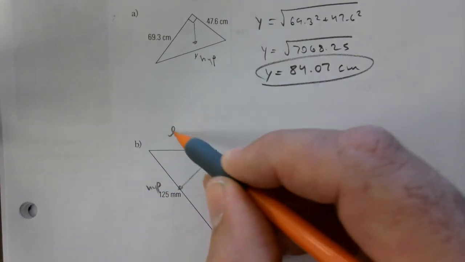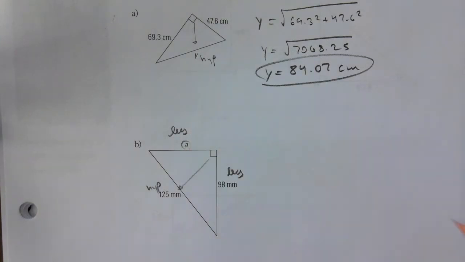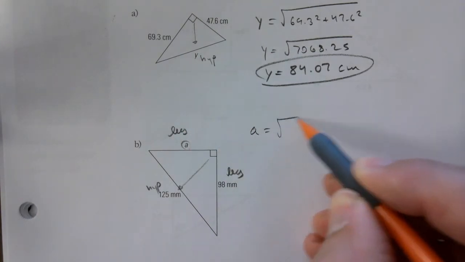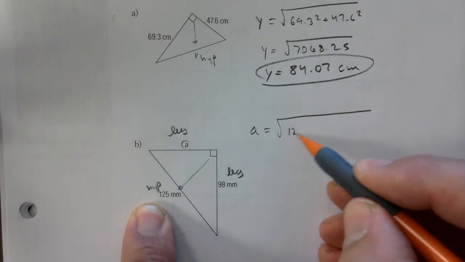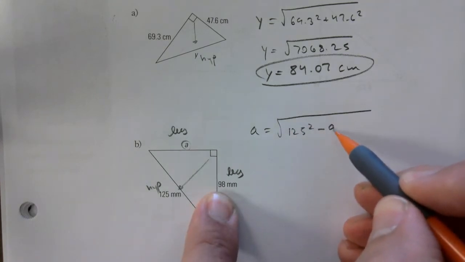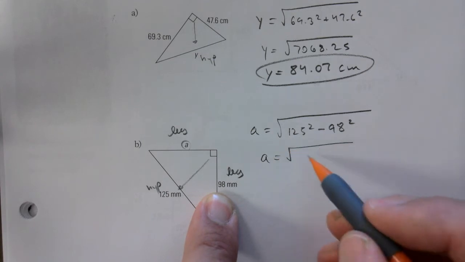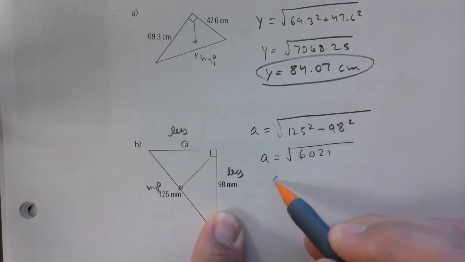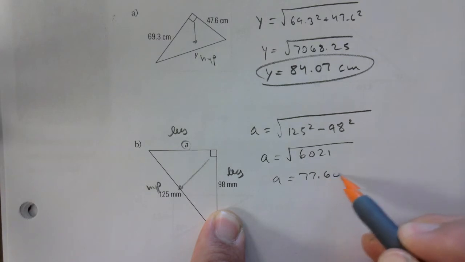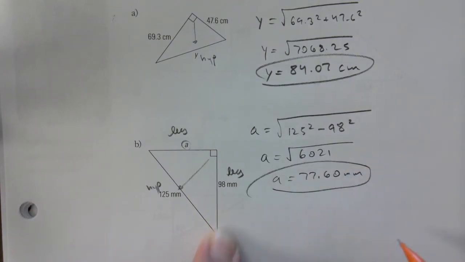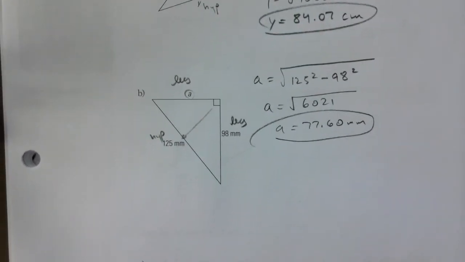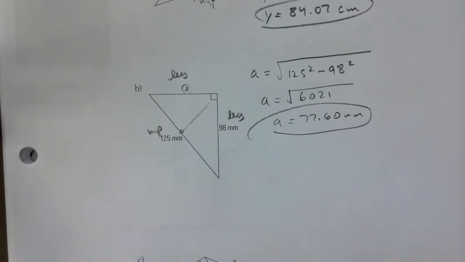So leg and leg, so we're missing one of our legs, right? So that is really hypotenuse squared minus the other leg squared. Let's pay attention, guys. That is 77.60 millimeters, okay?